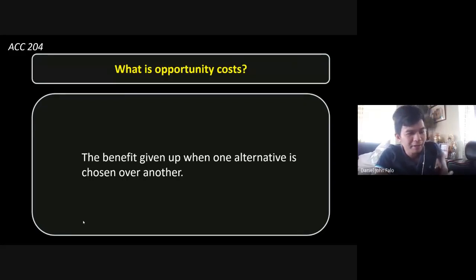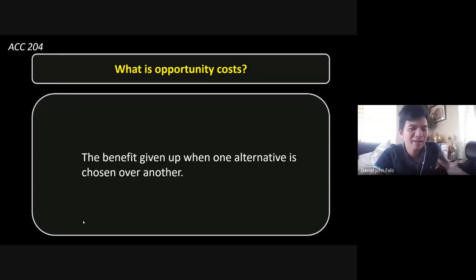Pero pag pinili mo naman si option B compared kay option A, parang nangihinayang ka rin kasi gusto mo rin sa option A. So, bakit ka nangihinayang? Kasi meron tayong tinatawag na opportunity cost. May opportunity cost kay A at saka may opportunity cost kay B.